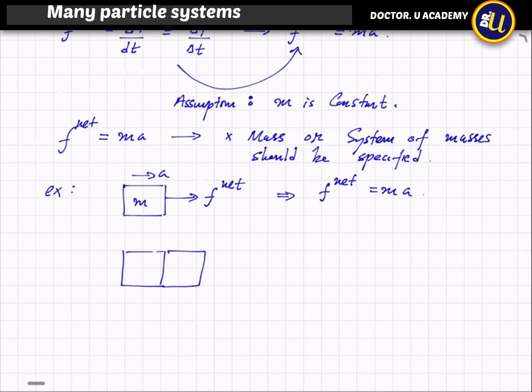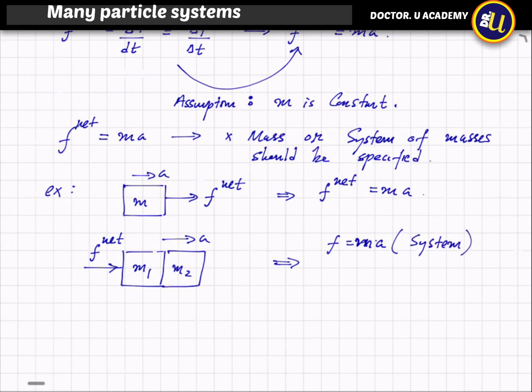an attached system, so this is m1 and m2, which is pulled with F net, same thing, right? So it's moving in that direction. For this system, you can use F is equal to ma. Now you have to say F is equal to ma is used for the system.